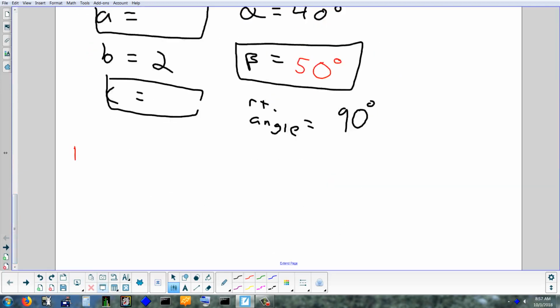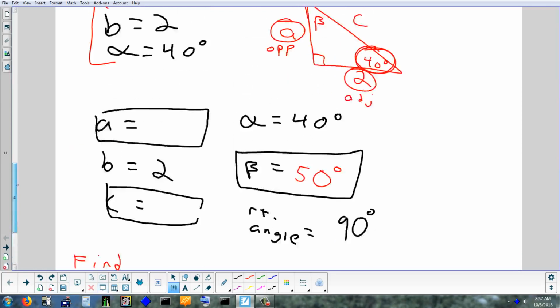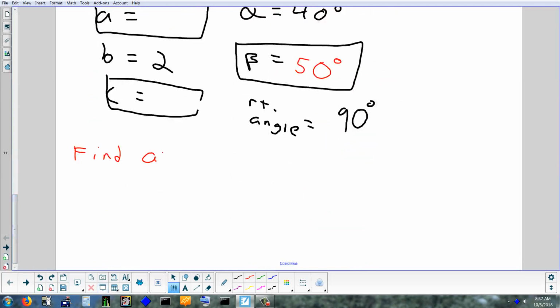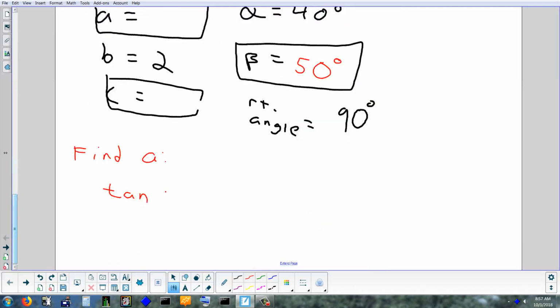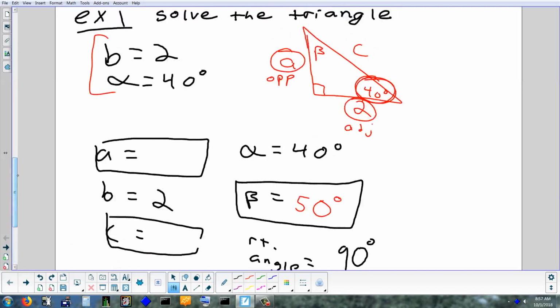All right, so now we'll be finding A. We're going to write down the tangent of 40 degrees equals, tangent is opposite over adjacent, A over 2.